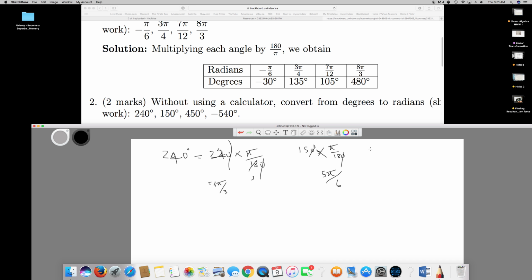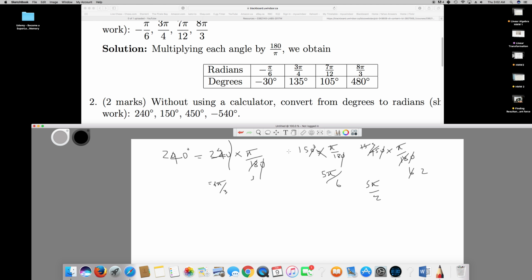And the next one is 450 degrees. 450 times π over 180, the zeros cancel. 3 times 6, 3 times 15. We can simplify more, 3 times 2, 3 times 5, so 5π/2.